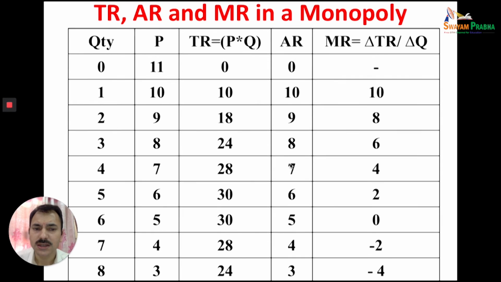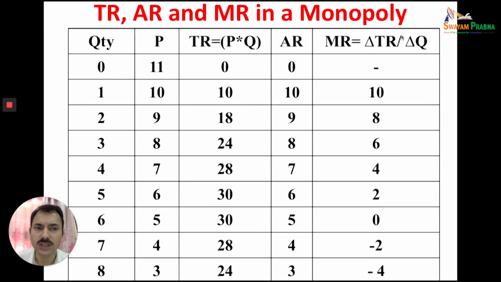As you know, as the quantity increases, the total revenue also increases, but average revenue starts decreasing continuously. See, marginal revenue is the change in total revenue due to change in quantity.